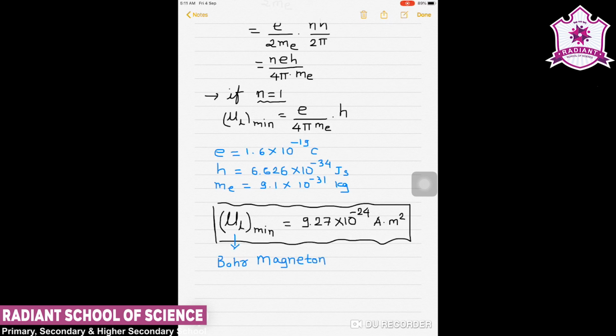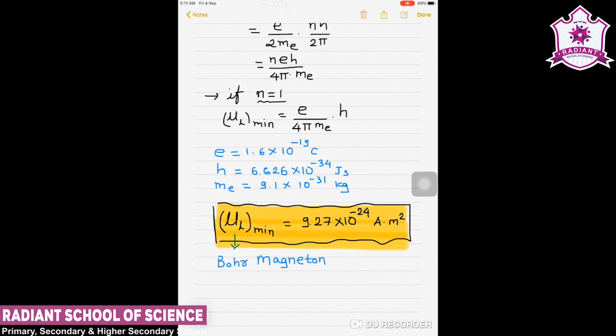So that is the second term. First we derived the gyromagnetic ratio, then here we derived the Bohr magneton. So that is another new term that we have learned.